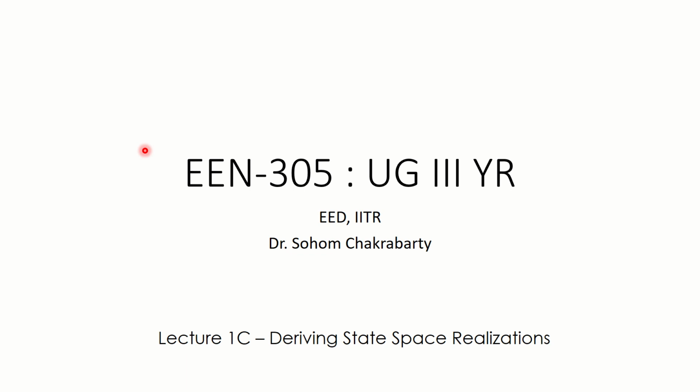Many times we represent our systems in block diagrams with the basic elements of the integrator, gain and the summer. If such a representation is available, then we can also make a state space realization from those block diagrams. So those are two different avenues from which we can make the state space realization.